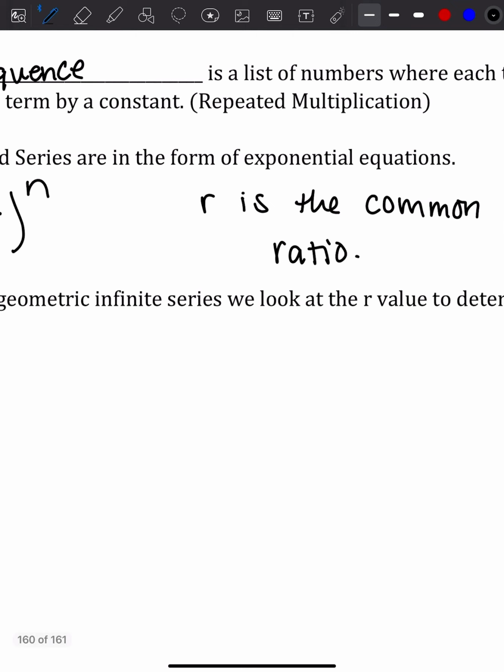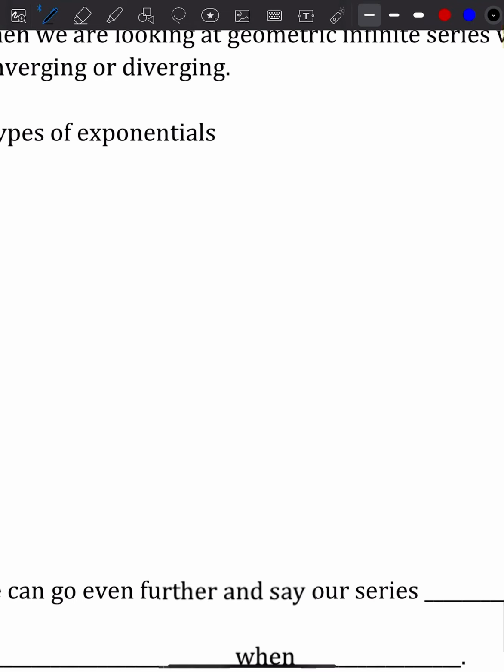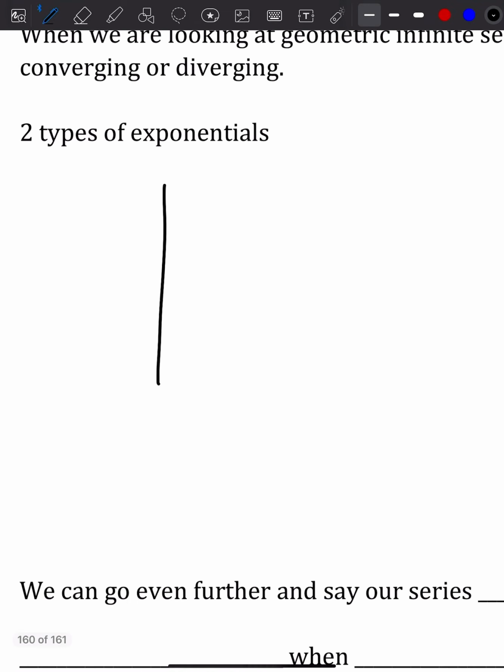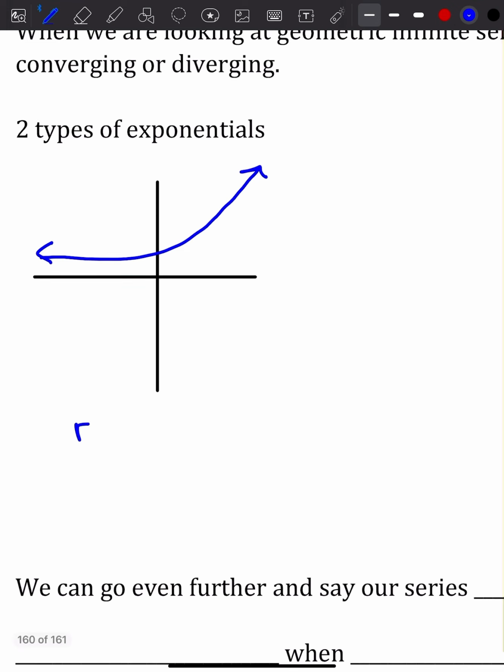So when we're looking at geometric infinite series, we look for the value of R to determine if we are converging or diverging. The reason why is because we have two types of exponentials. Our first type is one that looks like this, which happens when we have R that's greater than 1.